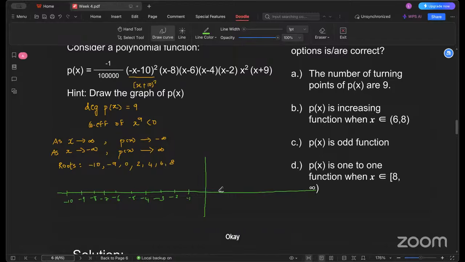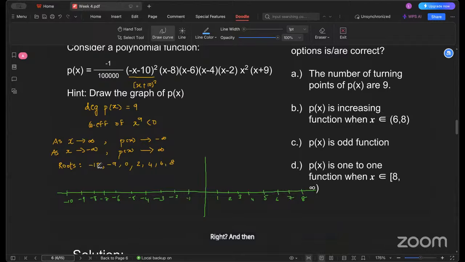And here we need till 8: 1, 2, 3, 4, 5, 6, 7, 8. Okay, so now let's try to draw. What is the end behavior? Towards minus infinity, the values are going up, right?